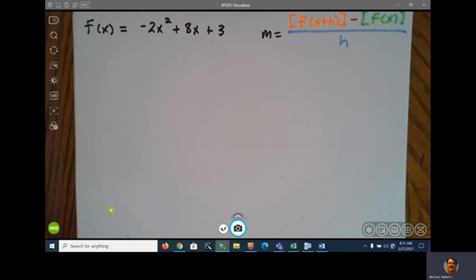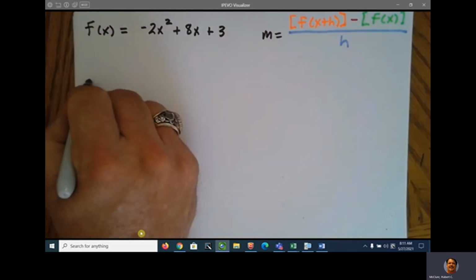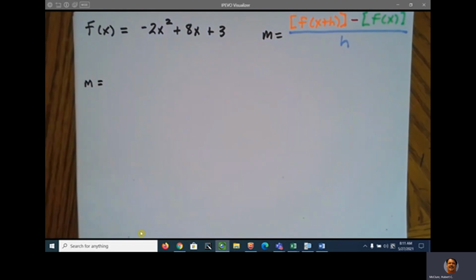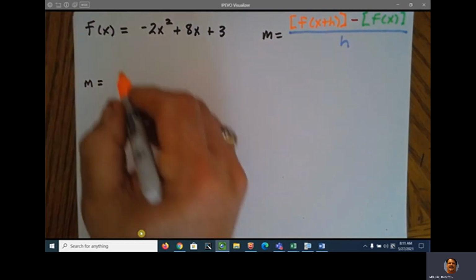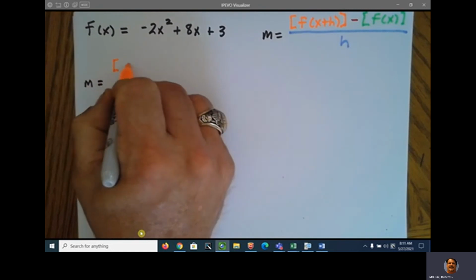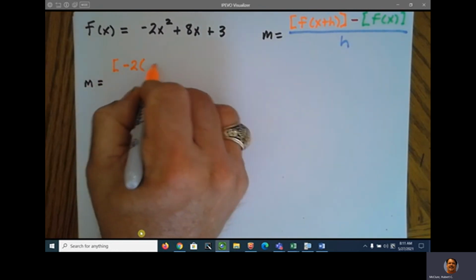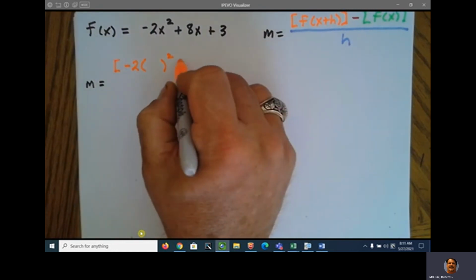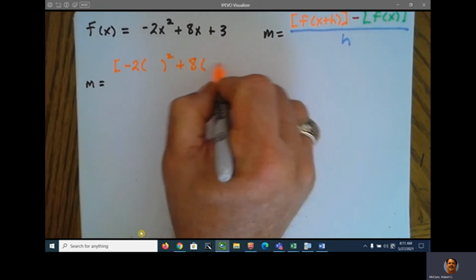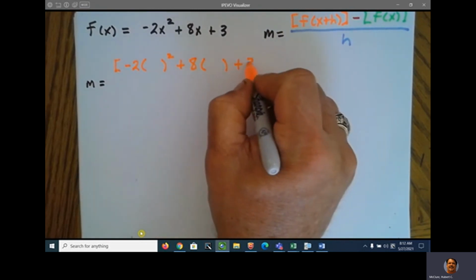All right, so here we go. I'm going to try to write a little bit smaller, but not too small where you can't see it. So m is equal to, I'm going to write in orange, I'm going to rewrite f of x with a big set of parentheses where there's an x. So negative 2 parentheses squared plus 8 parentheses plus 3.